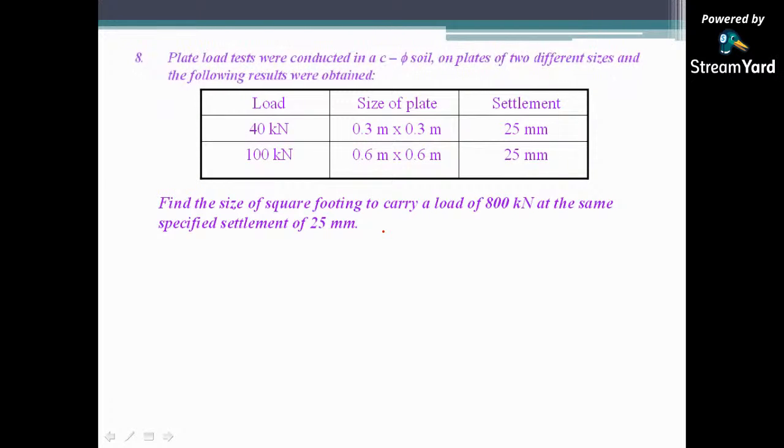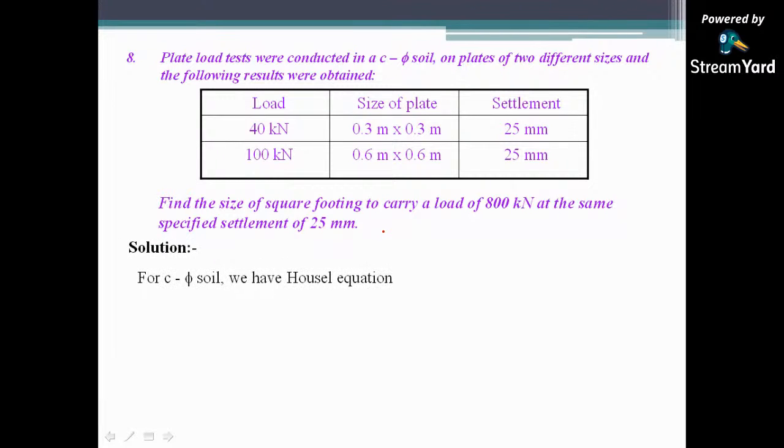Next, plate load tests were conducted in a c-phi soil on plates of two different sizes, and the following results were obtained. Load 40 kilonewton and 100 kilonewton, size of the plate 0.3 by 0.3 meter and 0.6 by 0.6 meter, settlement 25 mm. Find the size of square footing to carry a load of 800 kilonewton at the same specified settlement of 25 mm.